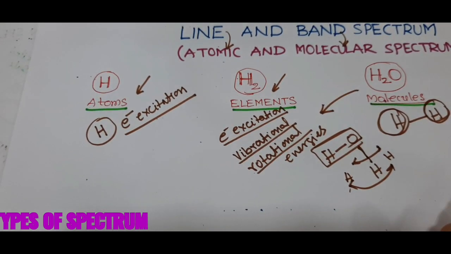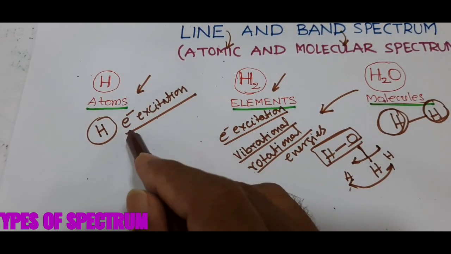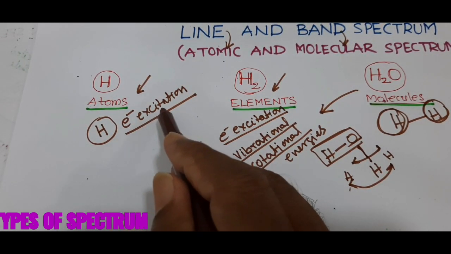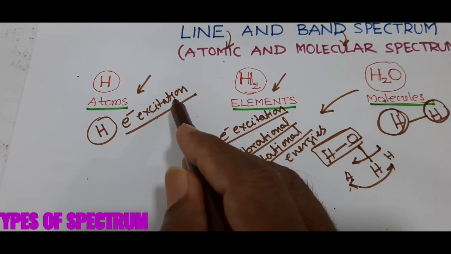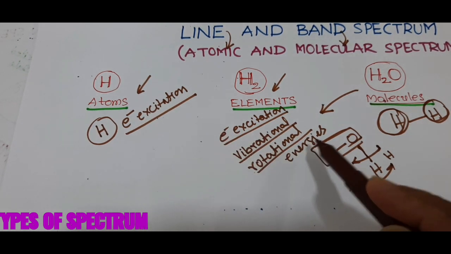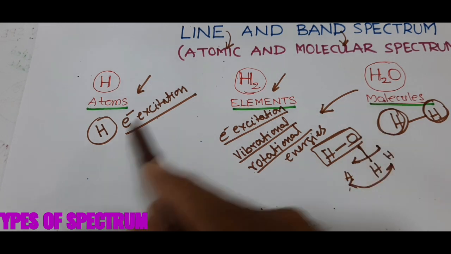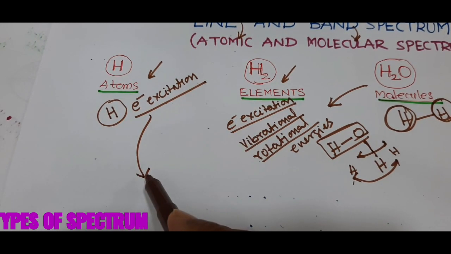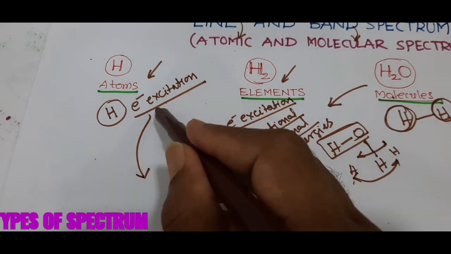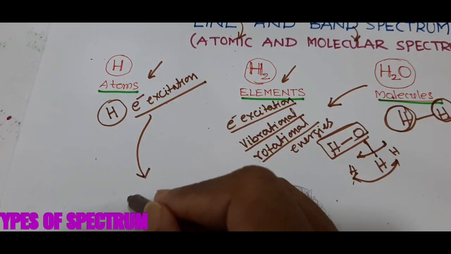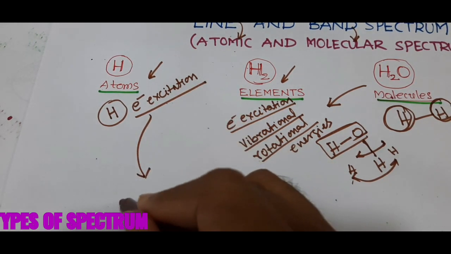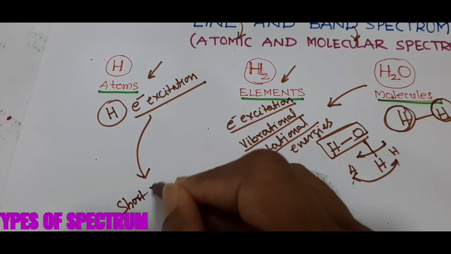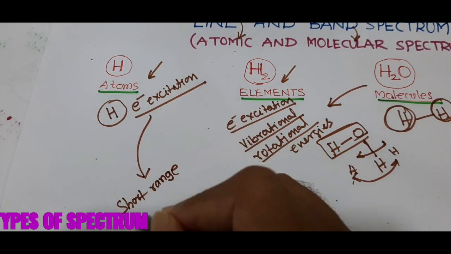So in the case of atoms, the absorbed energy is associated only with the excitation. Here it may do some other work. If these substances are heated, they release radiations having only one or two types of wavelength, a short range of wavelength.